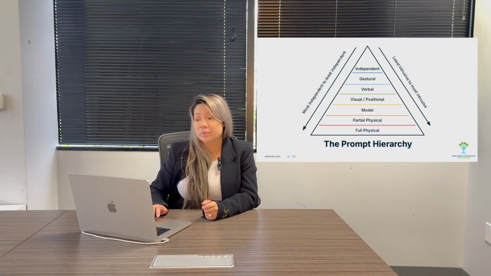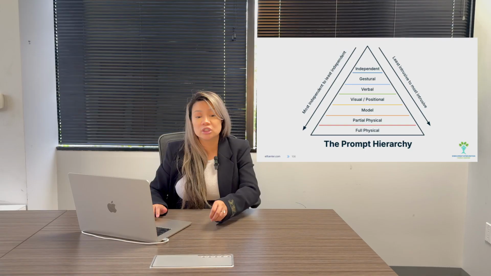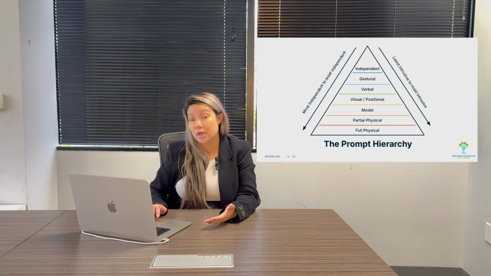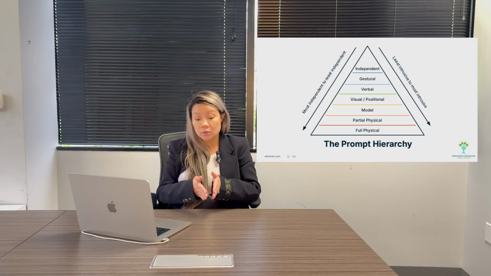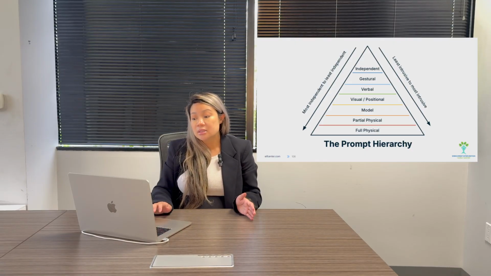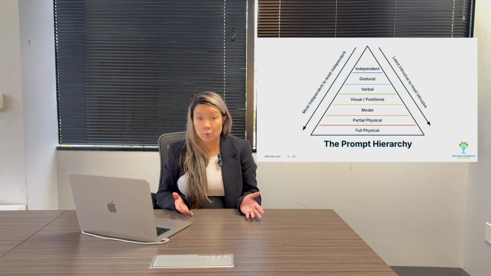The fourth one would be visual or positional. And that looks like providing a visual or positioning an item that will prompt the learner to respond correctly. The next one would be model. So you're working towards most intrusive prompting, least to most. So you're modeling the act of the appropriate behavior.